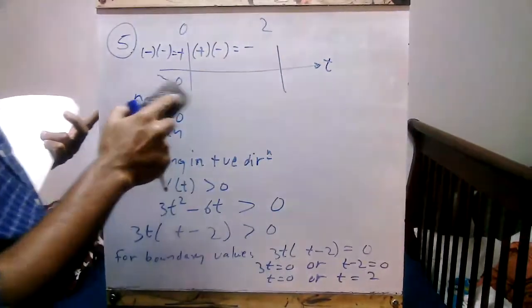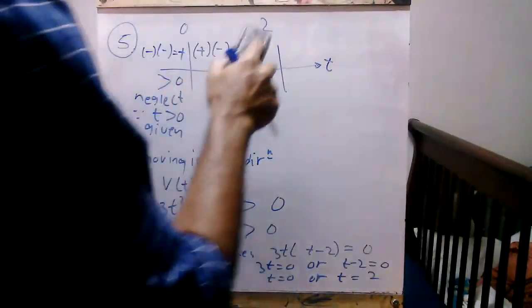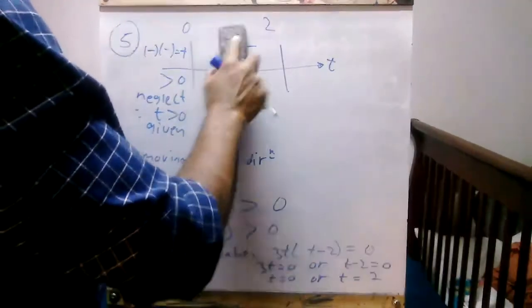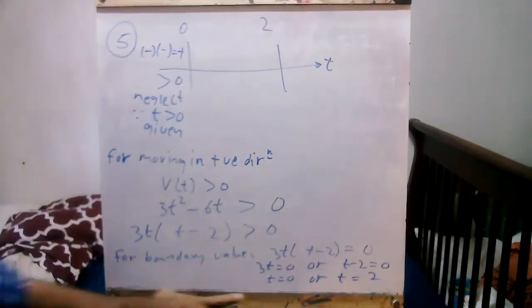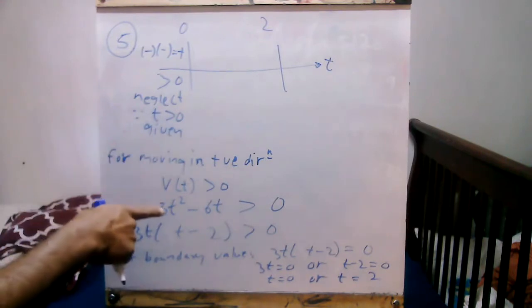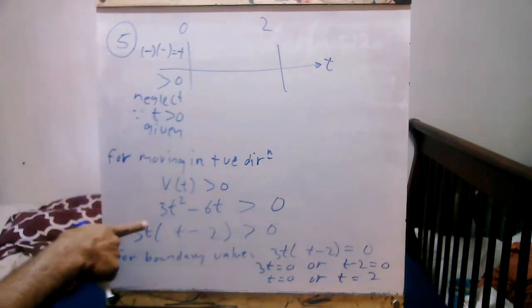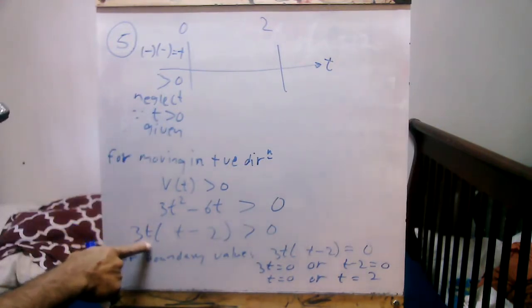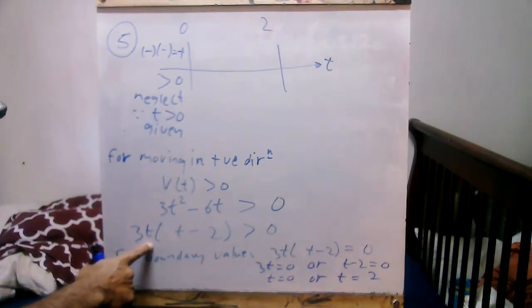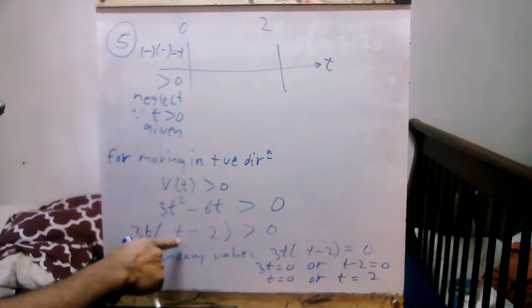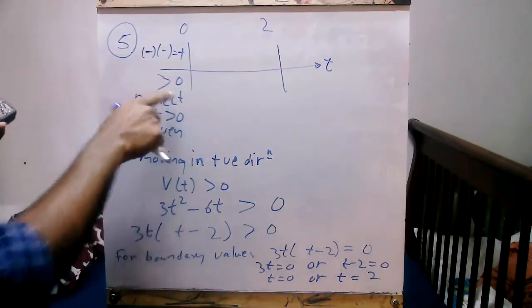Let's do this sign analysis again. Less than 0, t is negative. We can substitute negative 1 here. Okay, this part is good.